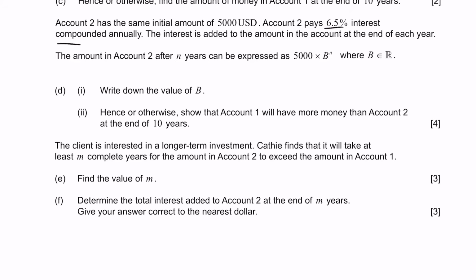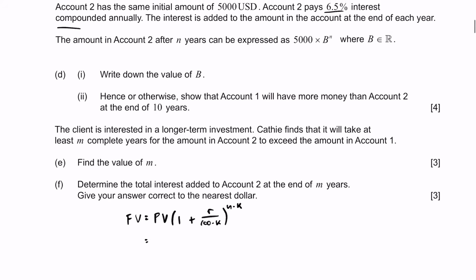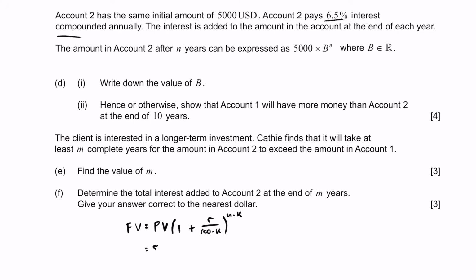So here we go. Final value of an investment is equal to present value multiplied by 1 plus r over 100, all raised to the power of n times k. Present value is $5,000. That's that initial amount that they put in, and that matches this.